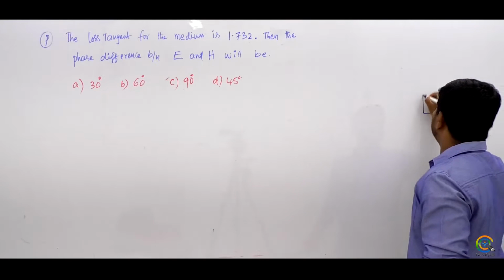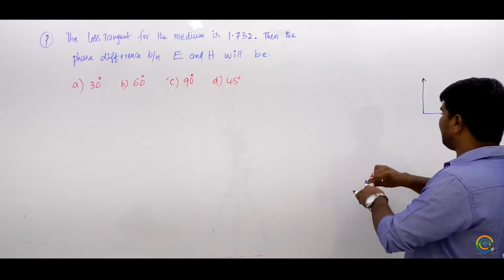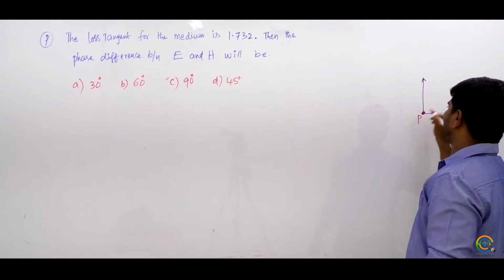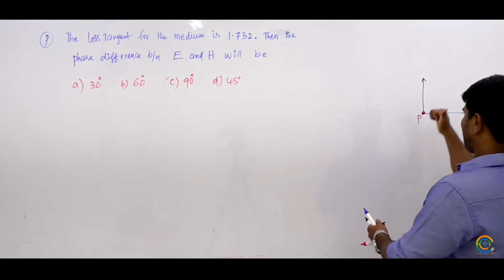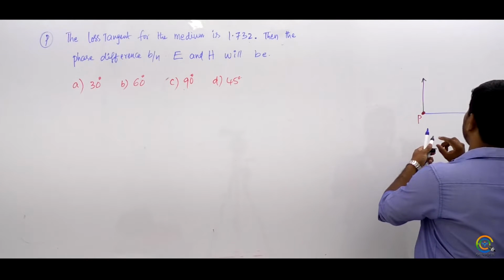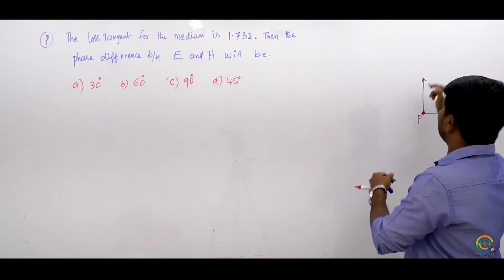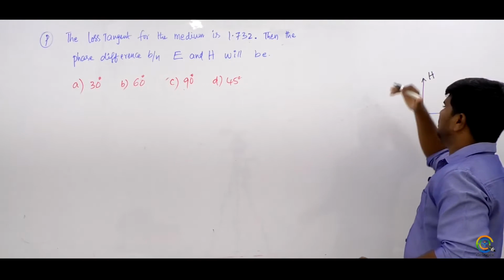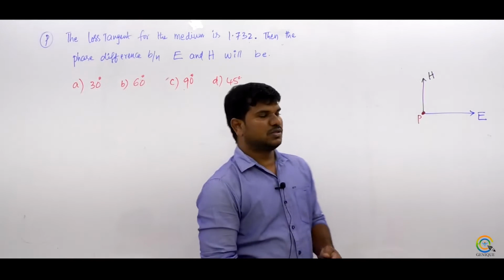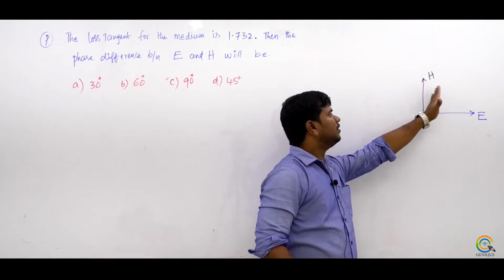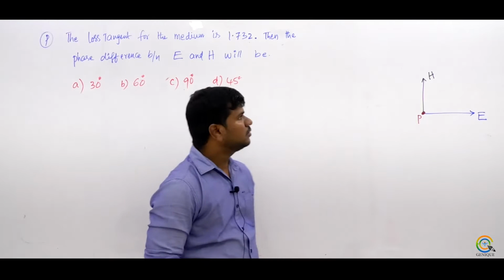If it is the E field, then this would be H. The propagation is out of the board. Always this follows: electric field direction, magnetic field direction, propagation direction.